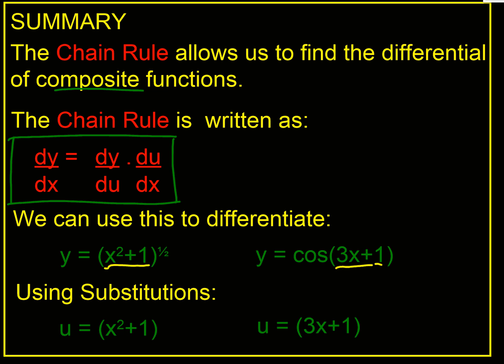In principle, in each of these, what we're doing is a substitution for u, and we do so usually with what's inside the bracket to make our lives easier. So here u equals x squared plus 1, and here u equals 3x plus 1. So I hope that's of use to you, and best of luck.